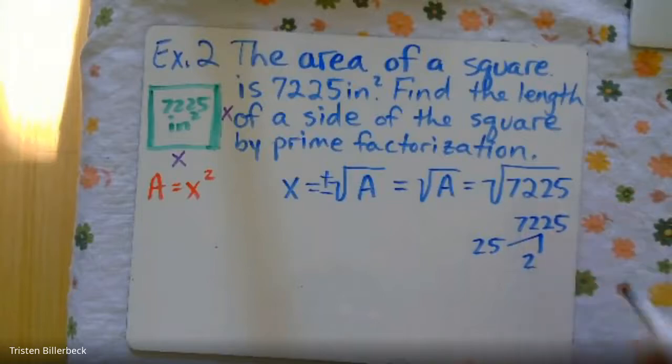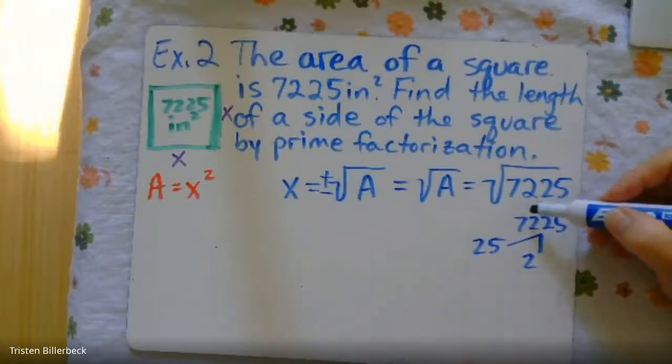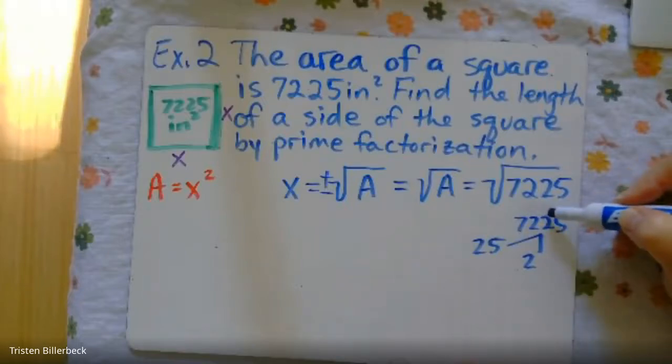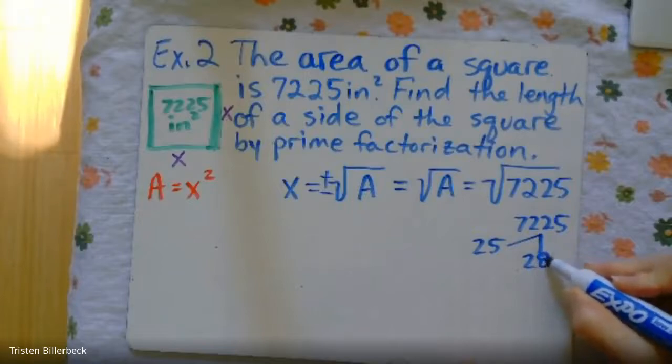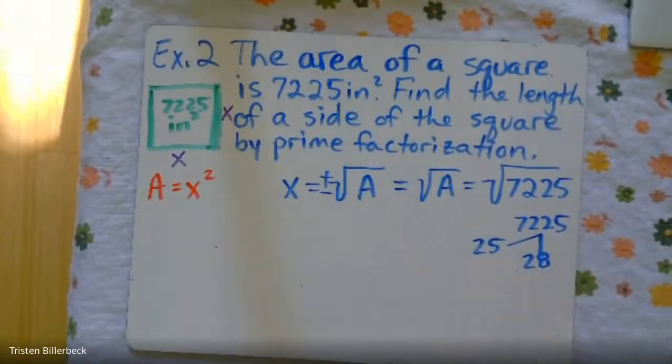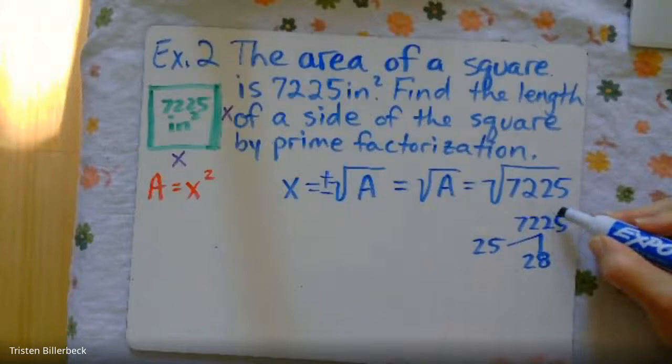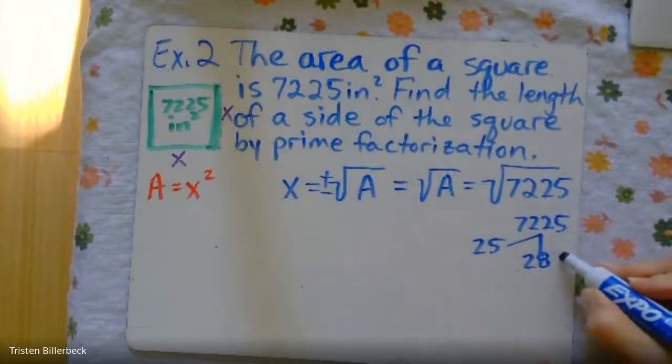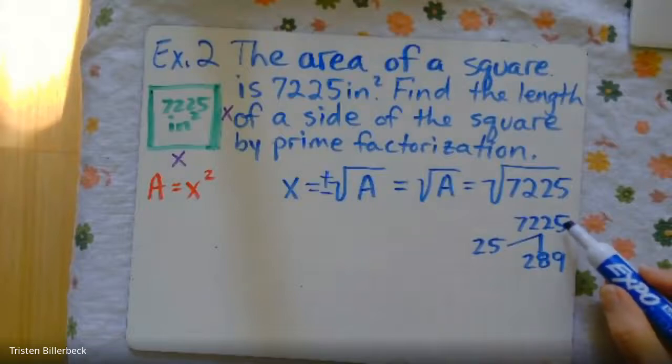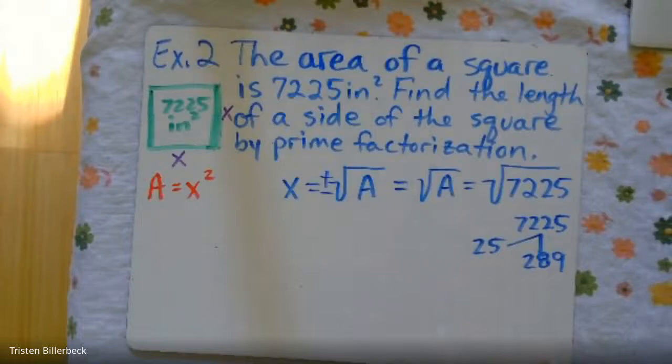There are two 25s in 72, that leaves us 222, so there are 8 25s in 200, leaving 22, and then we have 225. So we know that we have 9 in 225. Okay, let's double check that: 7,225 divided by 25.